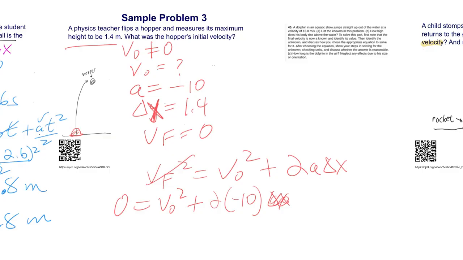So VO squared equals, I'm going to put this on the other side because it's negative, add it to both sides, equals 20 times 1.4.